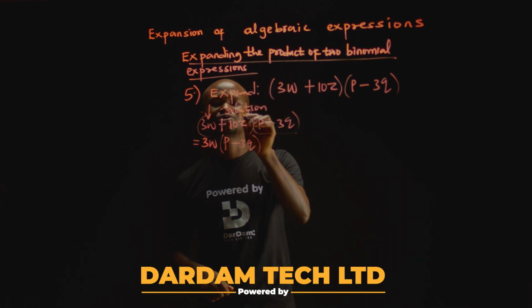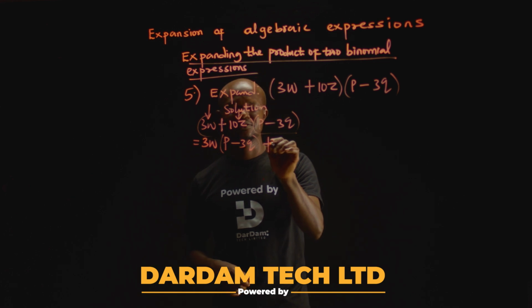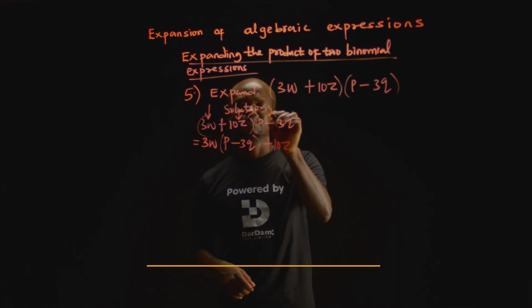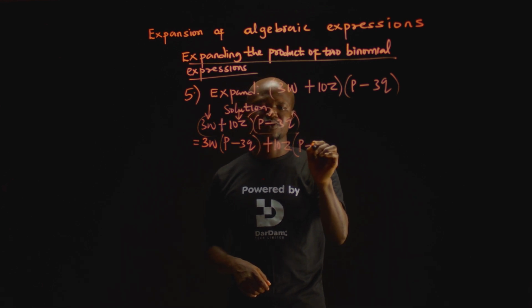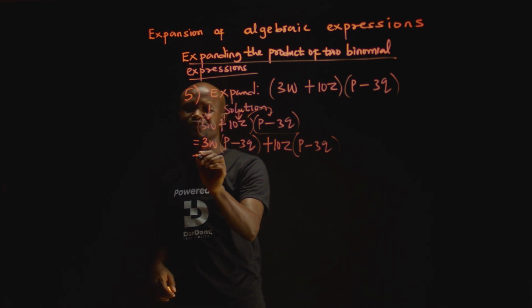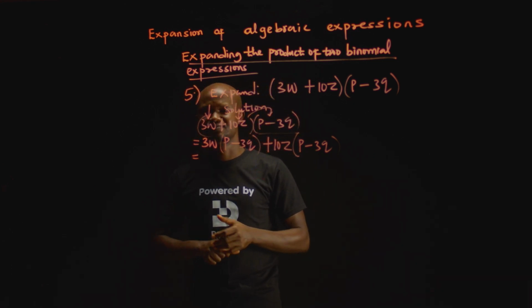Then we use the second term in the first binomial expression to also multiply the second binomial expression, which is P minus 3Q. Now the next thing for us to do is to expand the brackets.